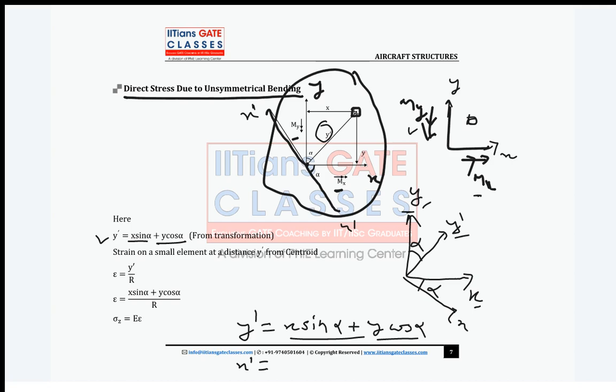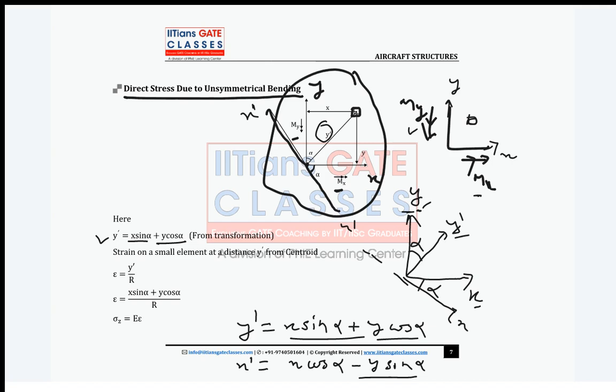It will be x cos alpha minus y sin alpha. Yes, Vikas, good. Not plus. If you resolve y along the x dash direction, it will be in the opposite direction, so it is minus y sin alpha.